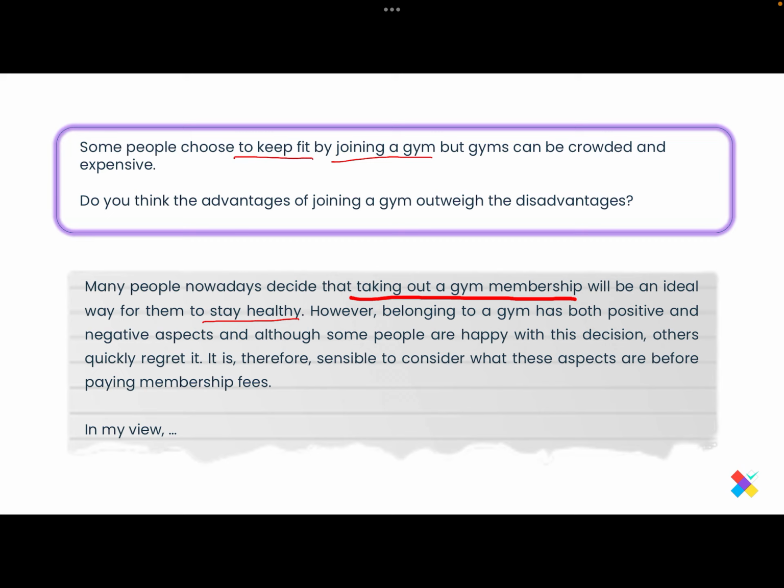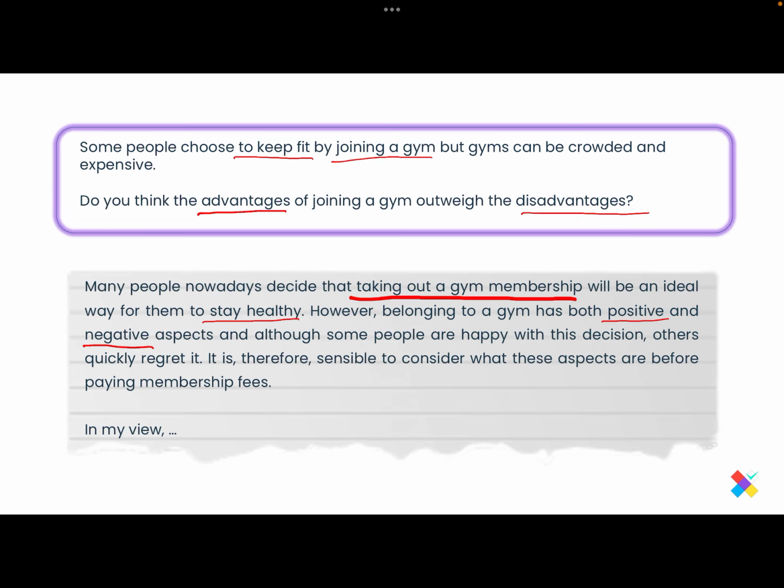However, "belonging to a gym both has positive and negative" replacing "advantages and disadvantages." So, as you can see, little things can make a huge difference, and it's extremely important. You're going to get extra credit on your vocabulary part.